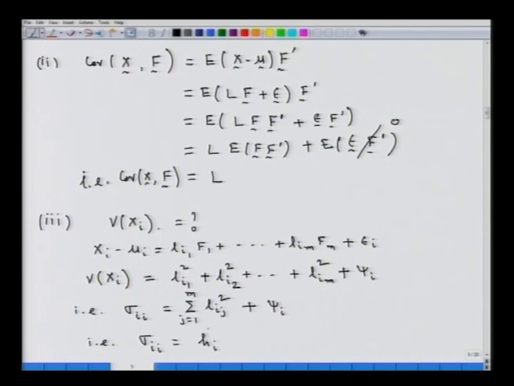Let us write that as hi square, plus psi i. It is customary to call this hi square the ith communality. So hi square is the summation of Lij square, j equal to 1 to m. This is termed the ith communality.